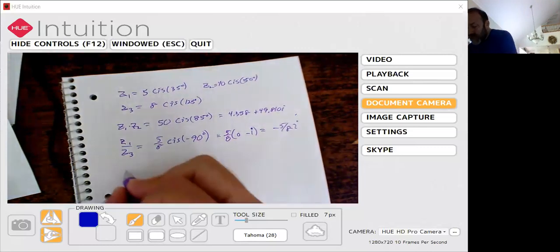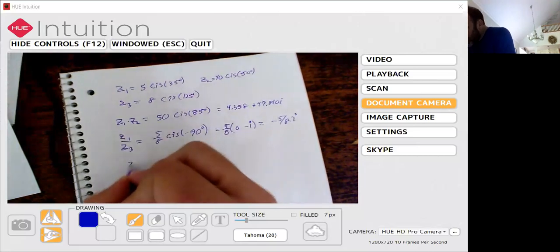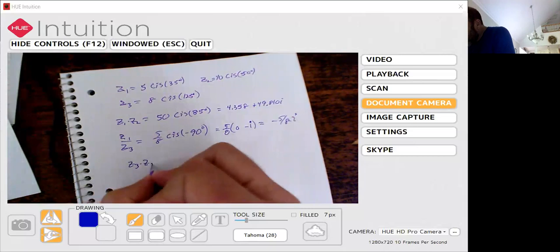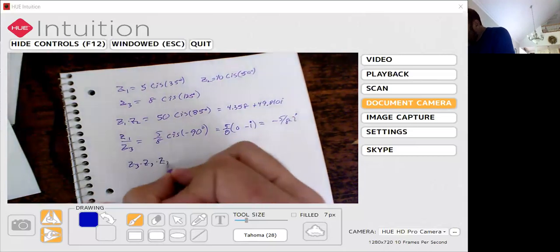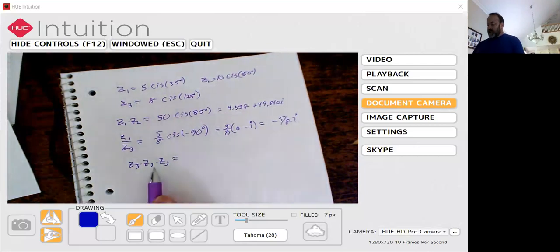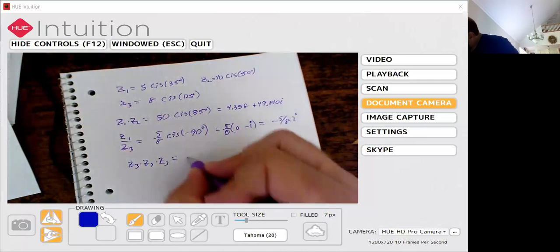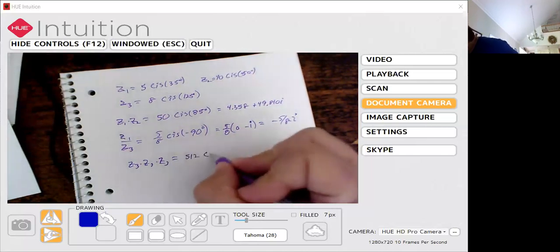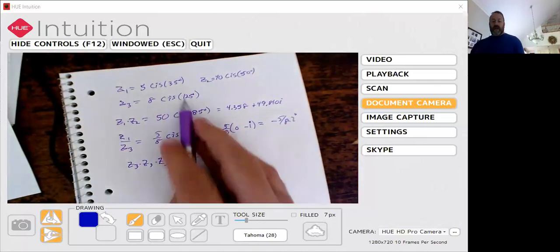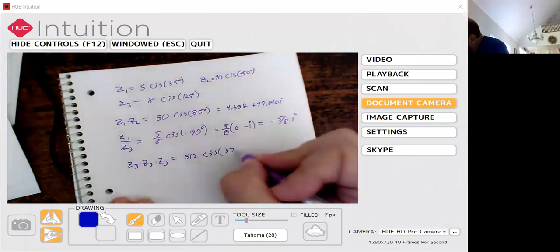Or if we said, hey, what about Z3 times Z3 times Z3? Can we do that? Can I take Z3 times Z3 times Z3? Well, I can. Because then that would just say, take the radii, 8 times 8 times 8. That'd be 512 cis. And then I would just take 125 plus 125 plus 125, which is 375.